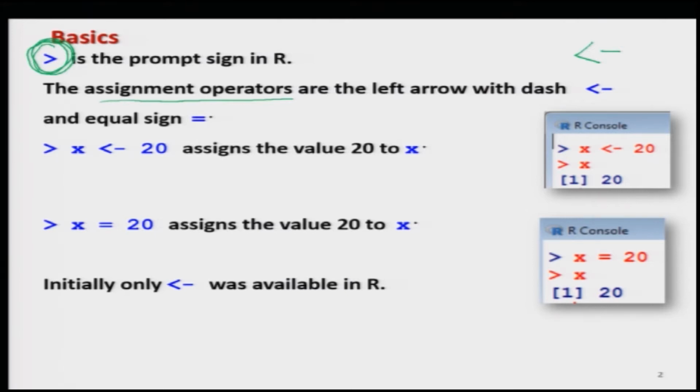The second option is that instead of writing this left arrow sign, you can simply write the equality sign. For example, if I take a variable x and want to assign the value 20 to it, I have two options: I can write x less than hyphen 20, or I can write x equal to 20. Both these commands will assign the value 20 to x.